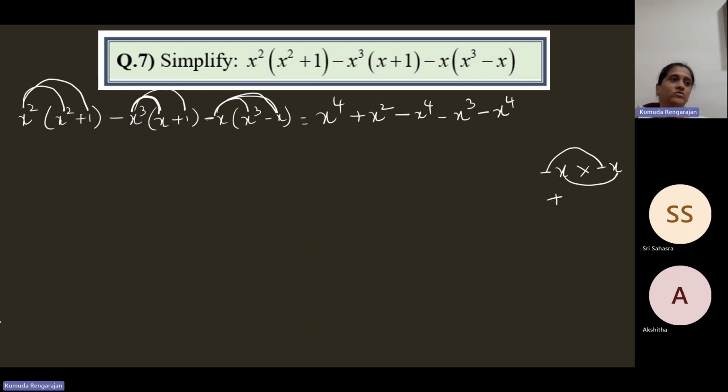No, don't get confused. Add the powers. When you're multiplying, you should add the powers. When you're adding or subtracting, it is about the numerical coefficients. You should add or subtract the numerical coefficients, those numbers. The letters will come down as it is.